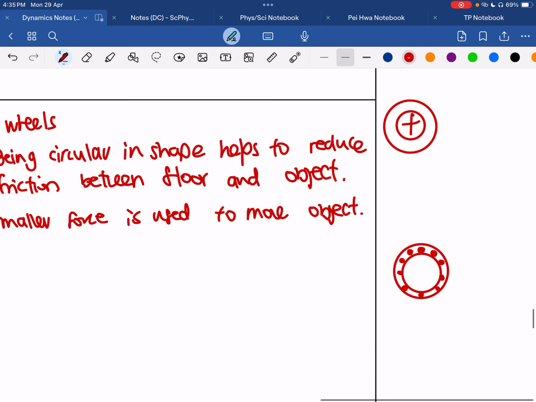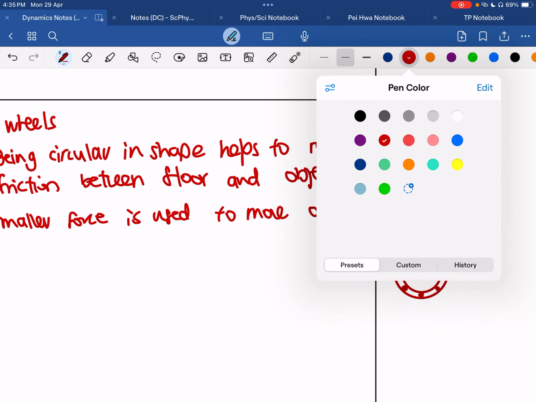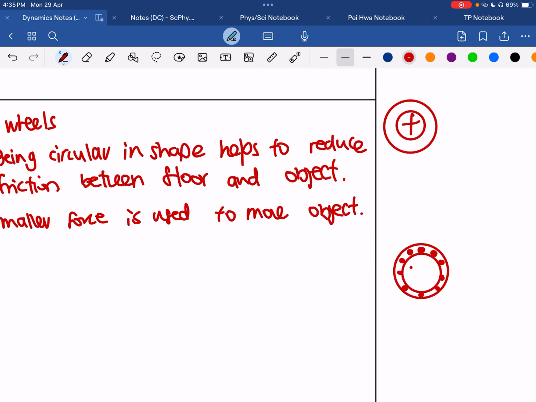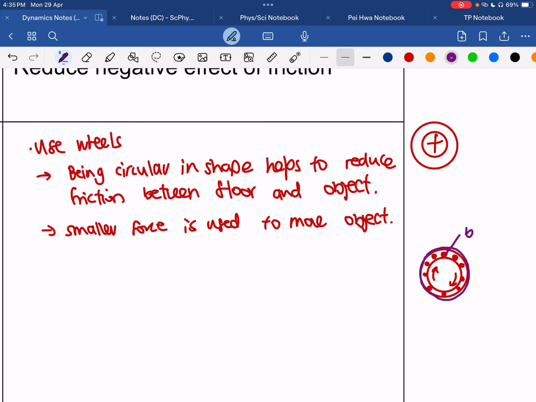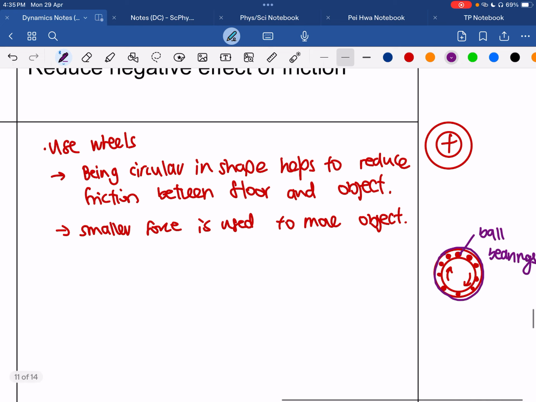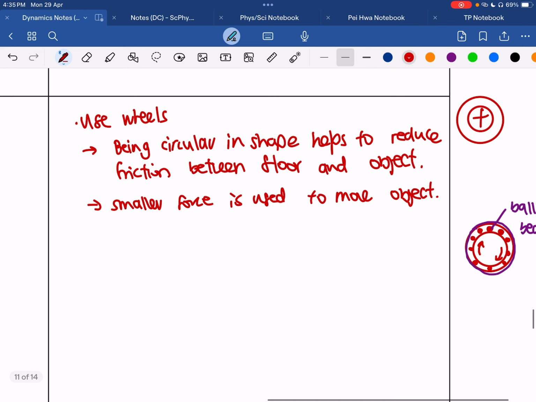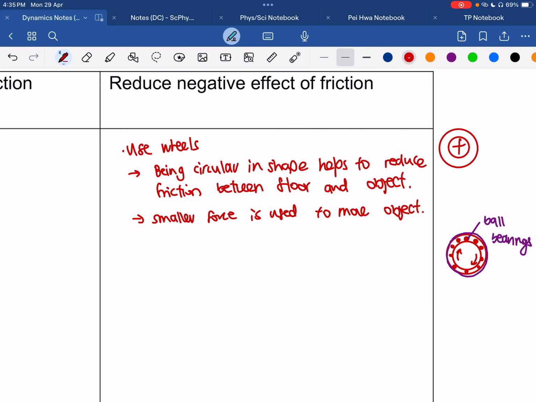As the wheels rotate, it will generate less friction with this particular set of the skateboard. These are called ball bearings. So another way to reduce friction is ball bearings.